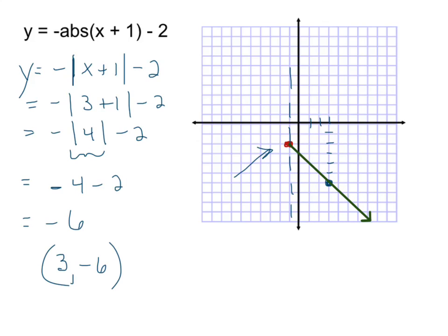Again, using symmetry to get a point on the left-hand side, we can see this distance from the axis of symmetry is 4 units. So we just have to count over 1, 2, 3, 4 at the same y position. There is a point on the left-hand side of our vertex. And there's our graph. Okay.